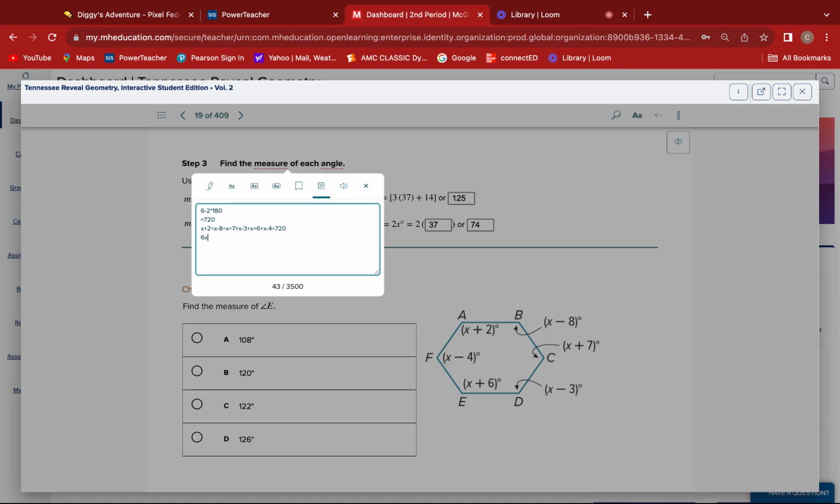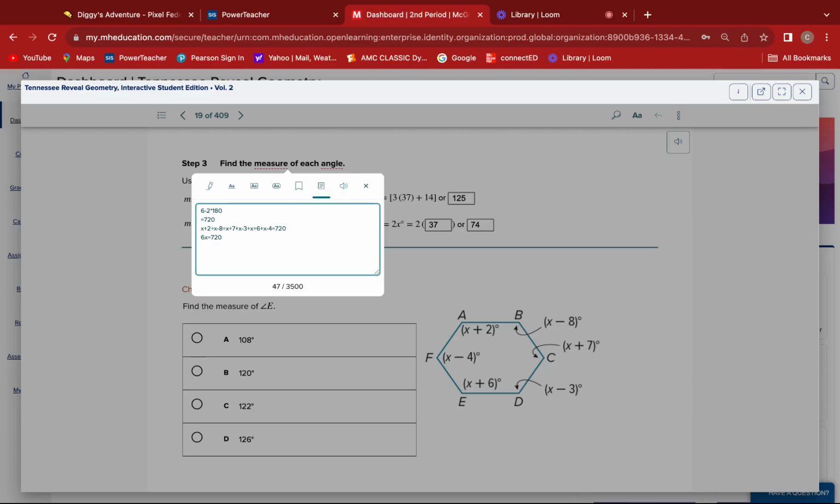All right, now I got to combine my numbers. 2, minus 8, plus 7, minus 3, plus 6, minus 4. Ooh, I got 0. All right, nice. So that equals 720.